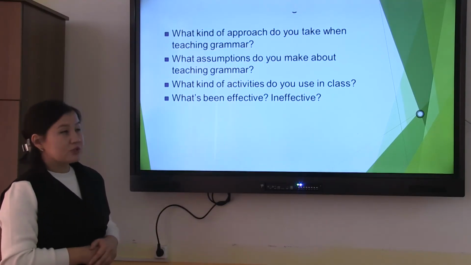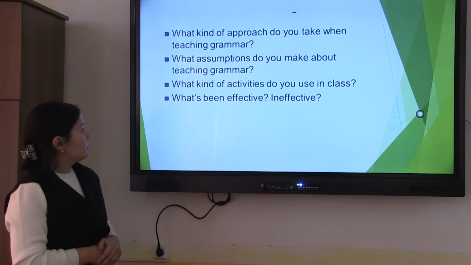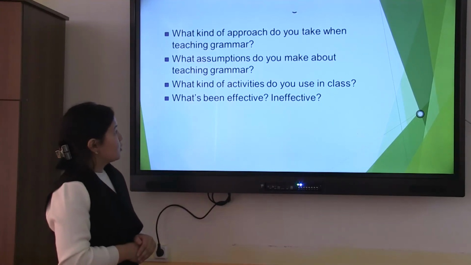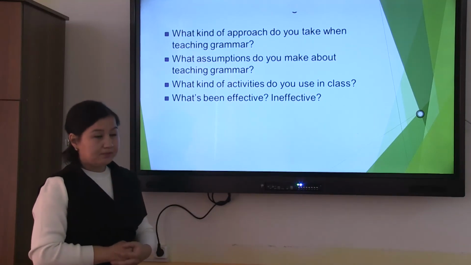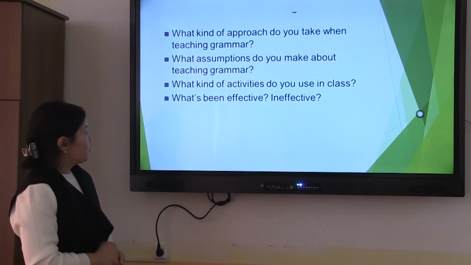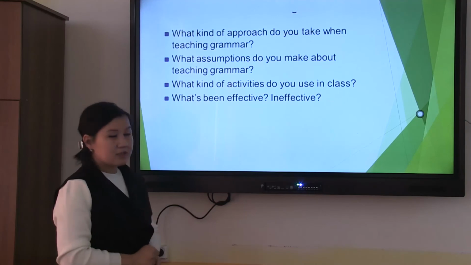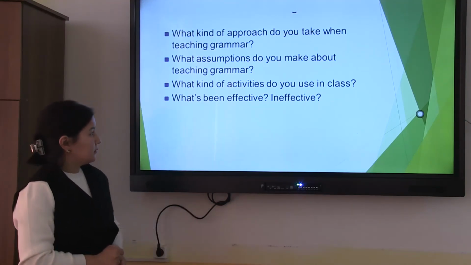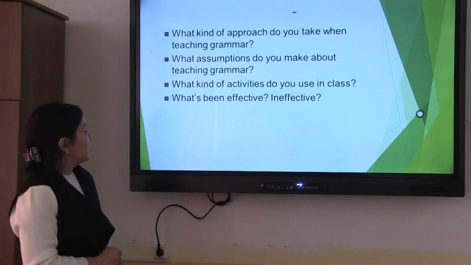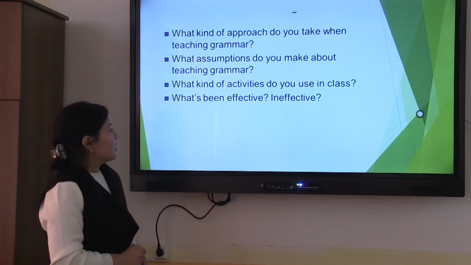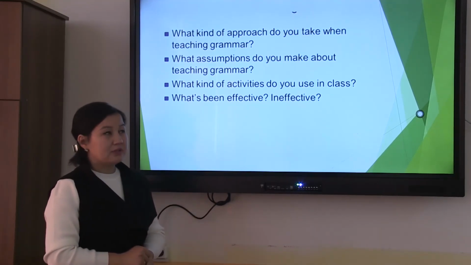That is the first question. The second one: what assumptions do you make about teaching grammar? The third one: what kind of activities do you use in class while teaching grammar? And the last one: what has been effective and ineffective in teaching grammar?